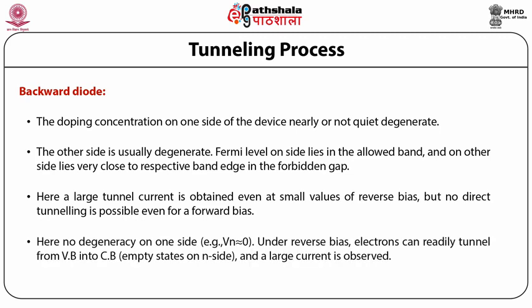So here there is no degeneracy on one side, for example, V_n is approximately equal to 0. Under reverse bias, electrons can readily tunnel from the valence band into the empty states in the conduction band on the n side, and a large current is observed.